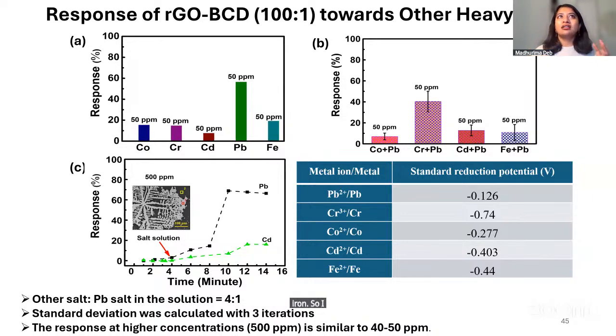So I can say that the kind of modification that I made into RGO was good for cobalt, cadmium, and ferrous, but it was not good for chromium.